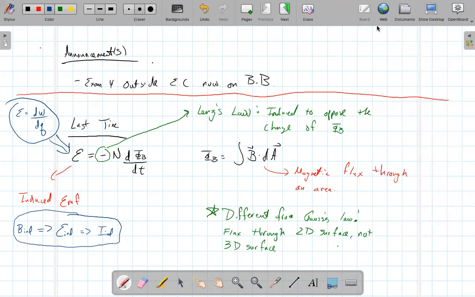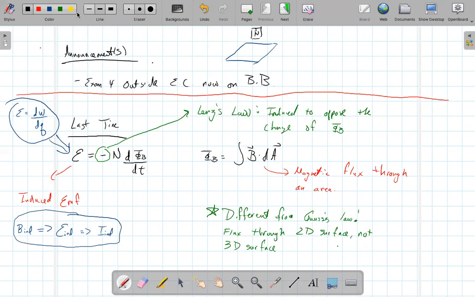So at the end of last time, we started talking about induced EMFs. This is going to give us the connection between the electric field and the magnetic field, which we'll see soon enough. Basically, if we had some sort of loop of wire or coil, and then we cause something to change, for example the strength of the magnetic field.